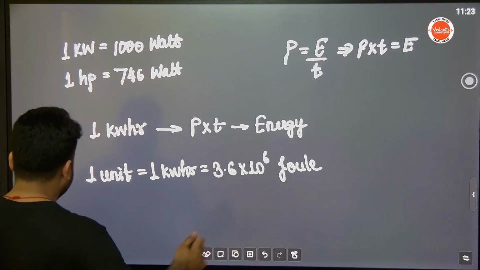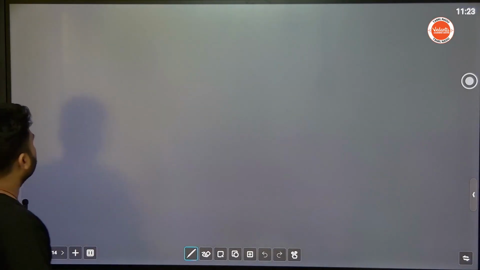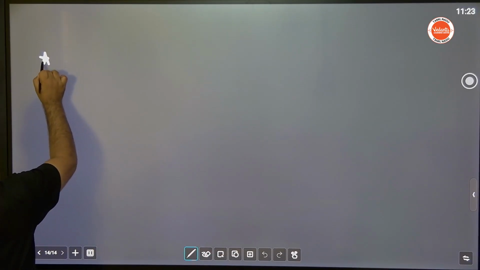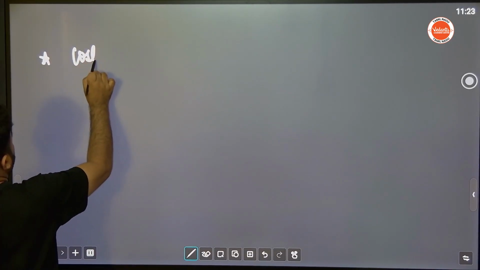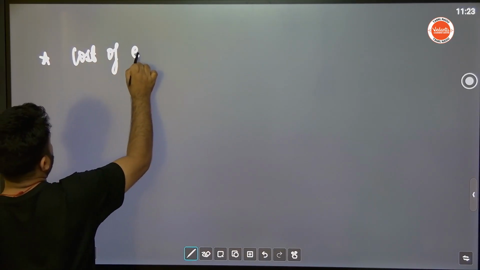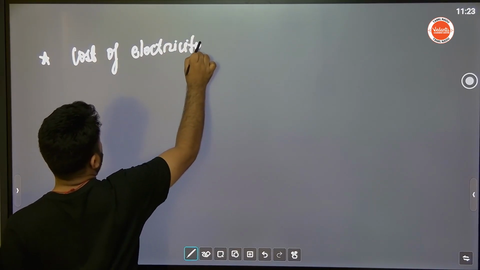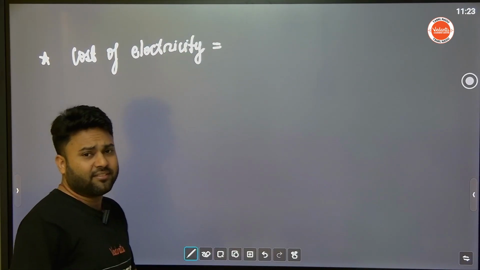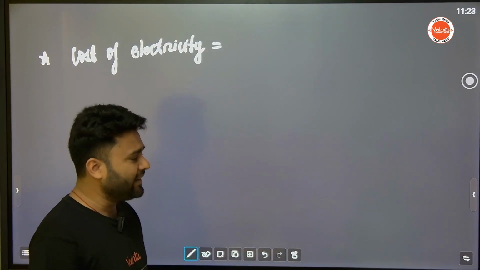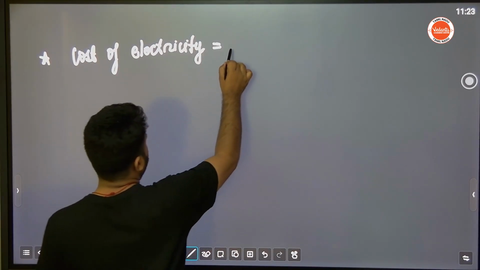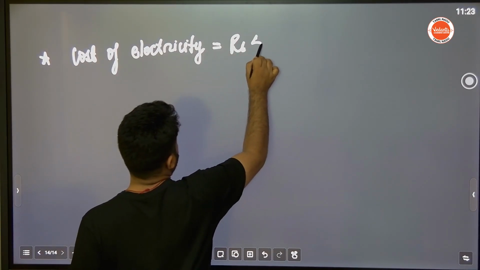Means you must have heard at your home your father saying the cost of electricity, that electricity bill you are getting now. So the cost of electricity is, suppose, rupees 5 per unit.